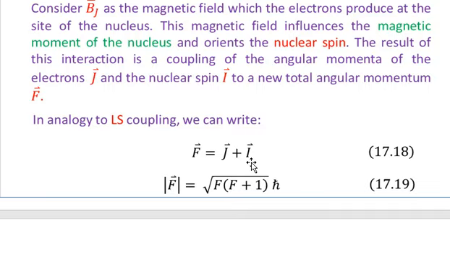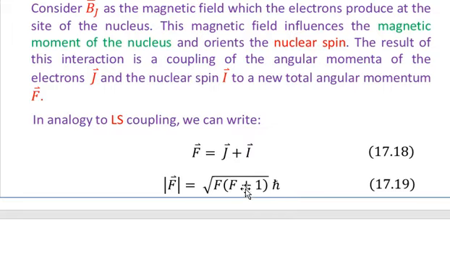18. So if you take the magnitude of the quantity F, then you can write equation number 19, where on the left hand side you have the mod of F, which means that you are talking about the magnitude of the total angular momentum of the atom F. And on the right hand side we have the square root of F into F plus 1, and outside that we have h bar.